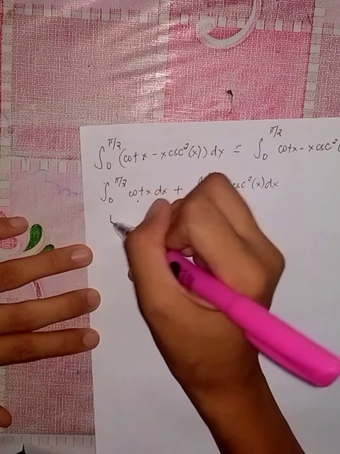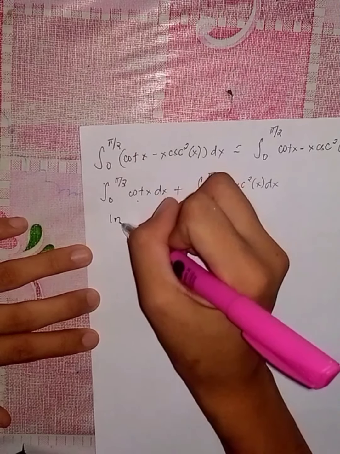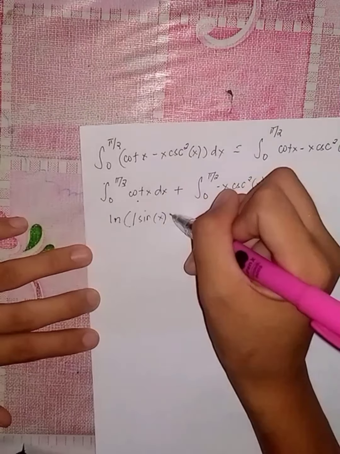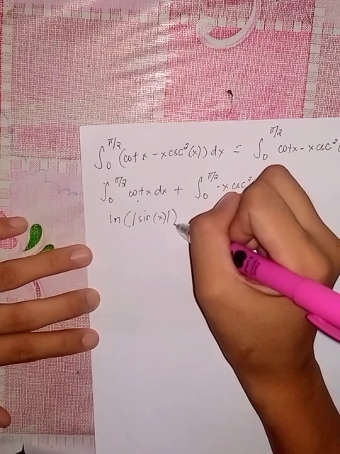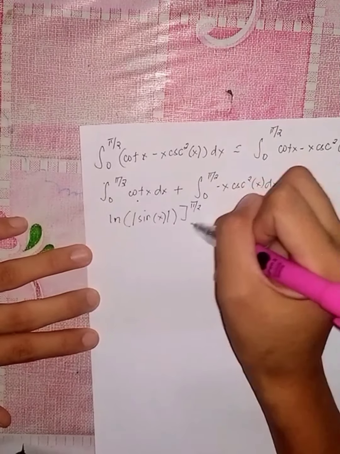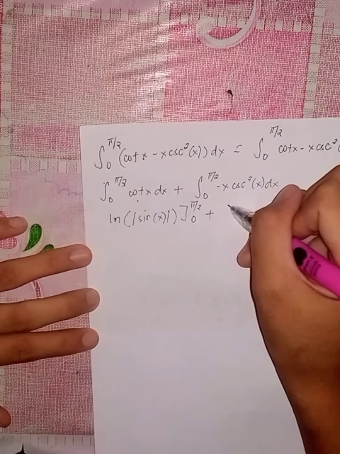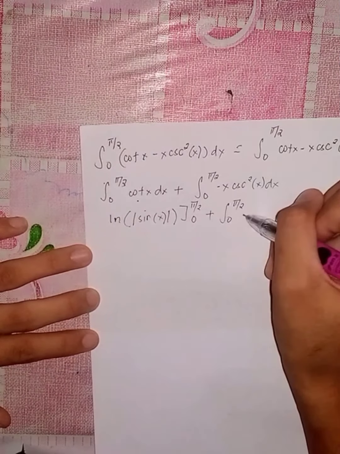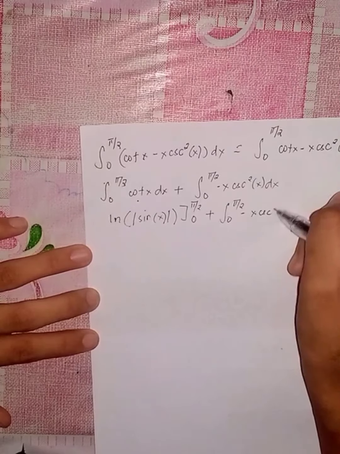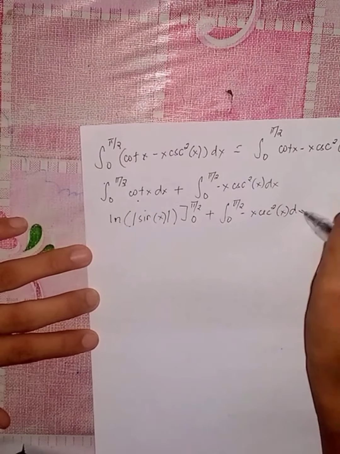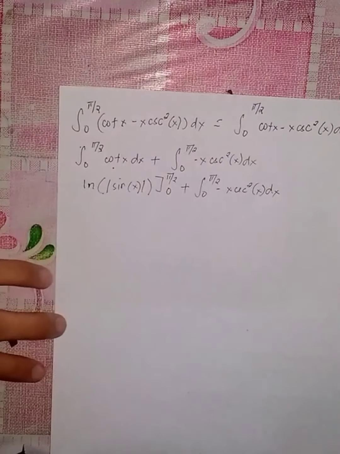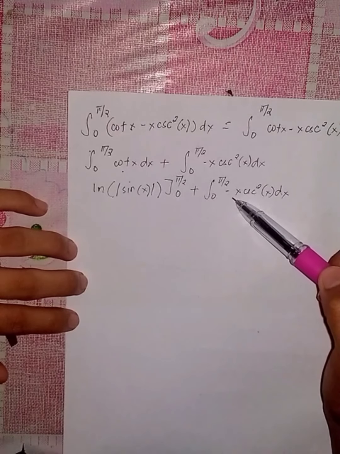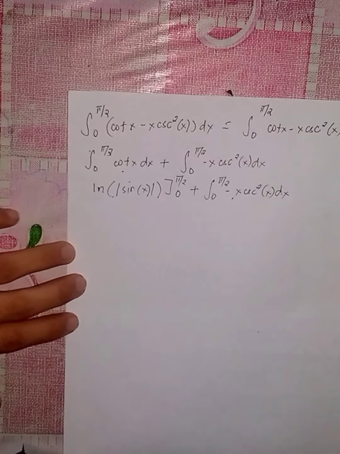So it becomes ln sin x from 0 to pi over 2, plus the integral from 0 to pi over 2 of minus x csc squared x dx. Since negative 1 is constant with respect to x, move negative 1 out of the integral.